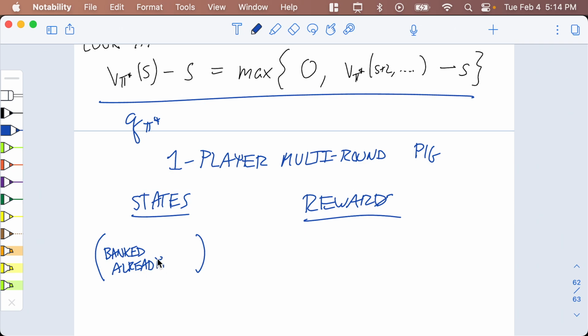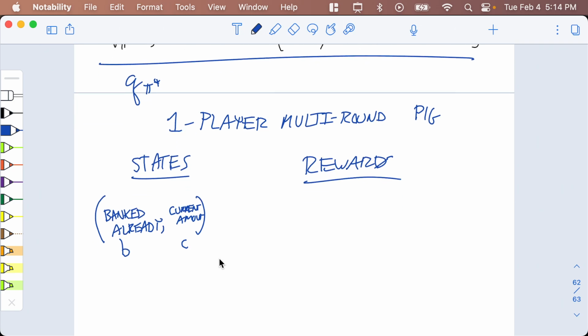We can call that B for banked, comma, and then we can call it the current amount. We'll call that C, right? And so there's two numbers, because maybe you've already banked 20, and then you're in this particular round you're at 10. So you've got to keep track of those two things separately, because if you lose the game, you don't lose the B, you only lose the C. So that's important. Two numbers.